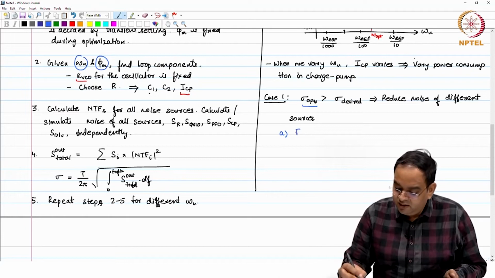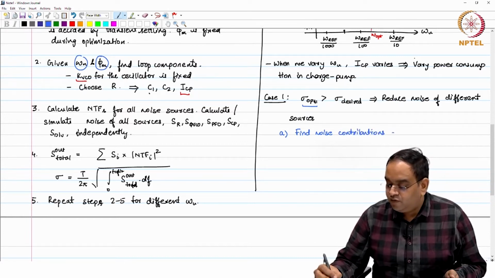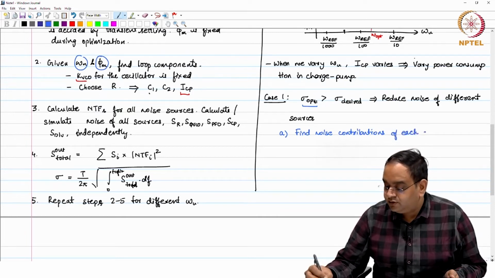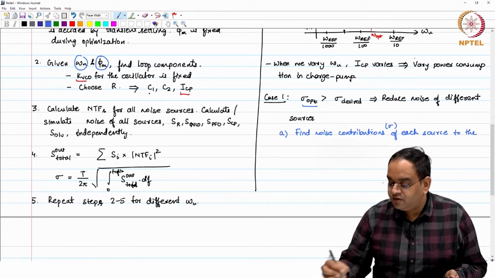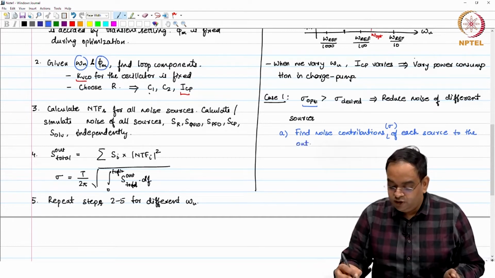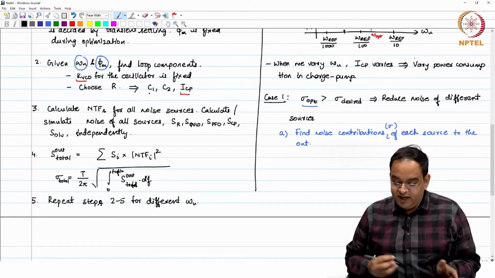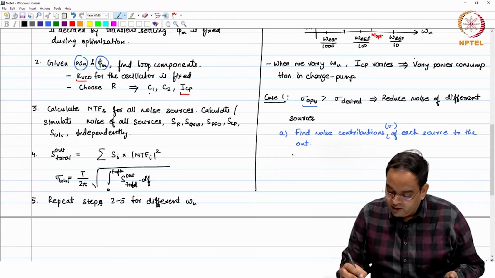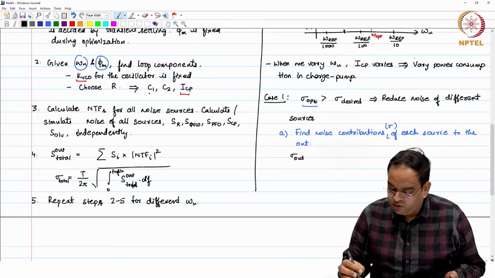Find the noise contribution of each source to the output. I am looking for the sigma contribution, which particular component contributes more to the output. What we found earlier is sigma total. What I am asking you to do is the following: find sigma out due to the resistor.